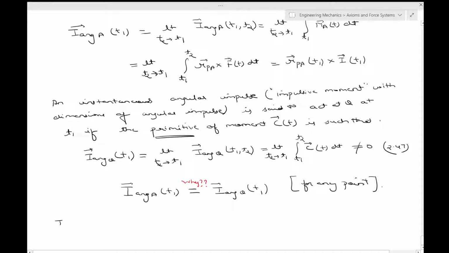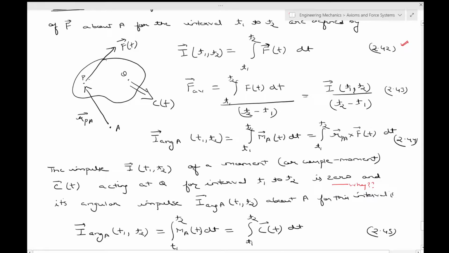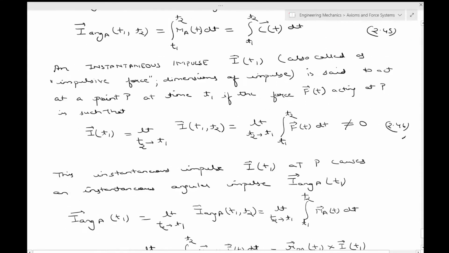Now because of equation 2.43, we have I of t1 comma t2 is equal to F average times t2 minus t1. So if you look at 2.43, the impulse is equal to F average multiplied by t2 minus t1. So that's what we are using over here.